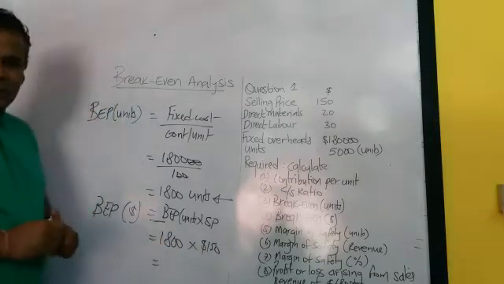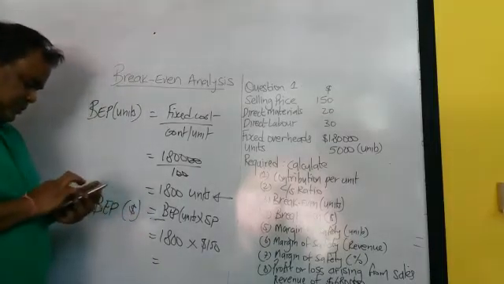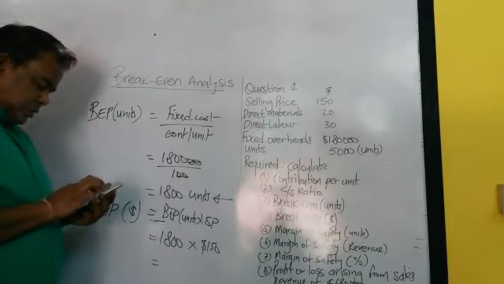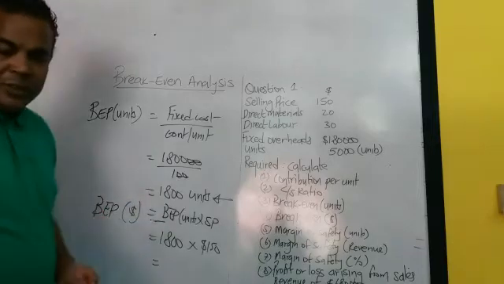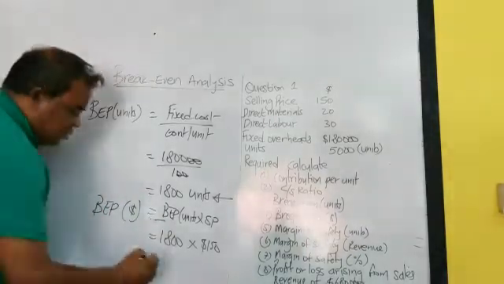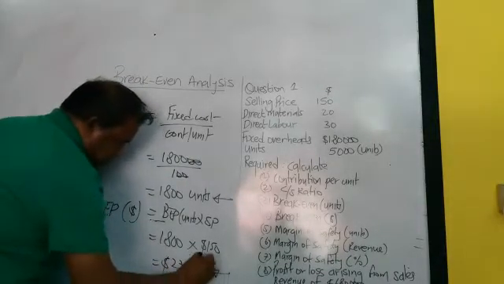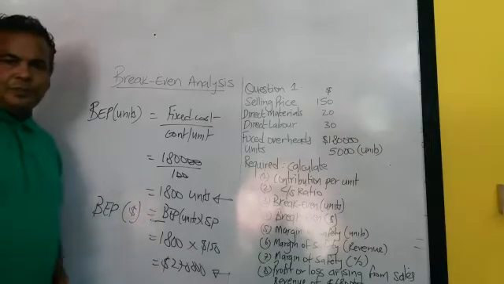So that gives us 1800 times 150, which gives us 270,000. 270,000 dollars is the break-even revenue.